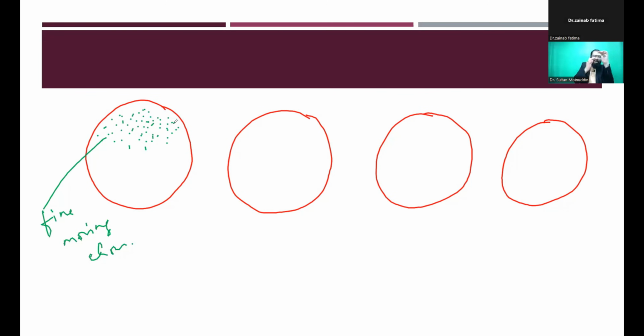Now, as time goes, what happens if you take blood in a test tube and just put it? The plasma goes above, and the RBCs settle down. So you would be able to see that RBCs settle down and plasma comes up. This is called the hematocrit phenomenon.